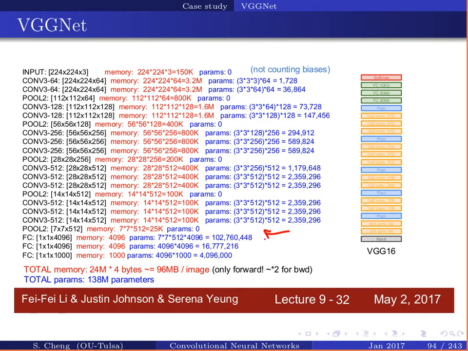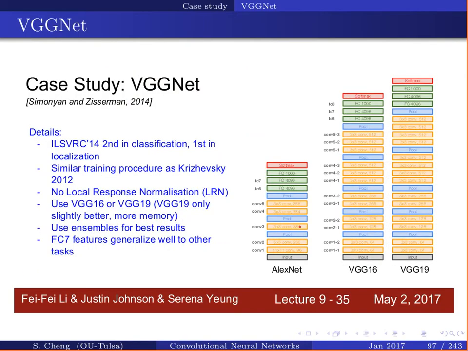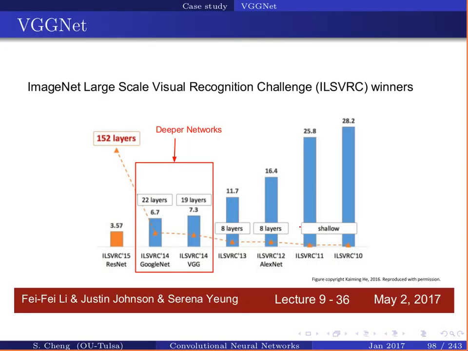In practice, later works have suggested a solution for that. Instead of using fully connected layers, people tend to use average pooling. We will mention this later on. This is still VGGNet, which in the same year didn't win first place in the competition.